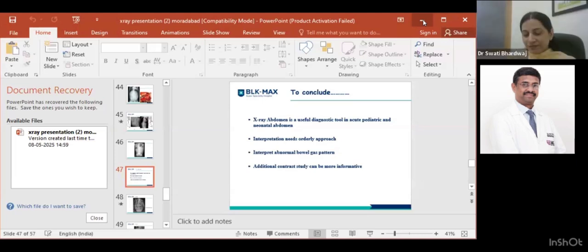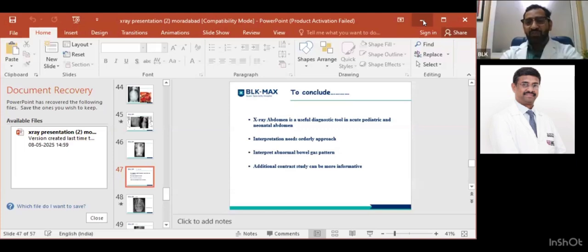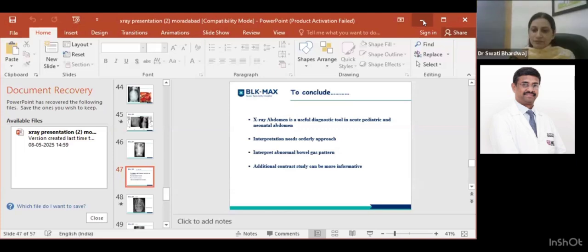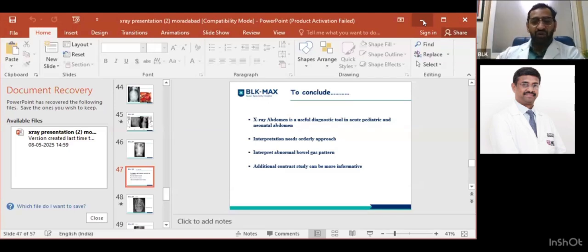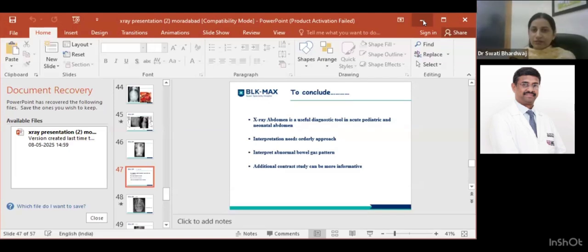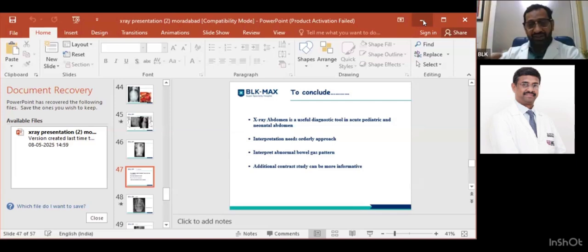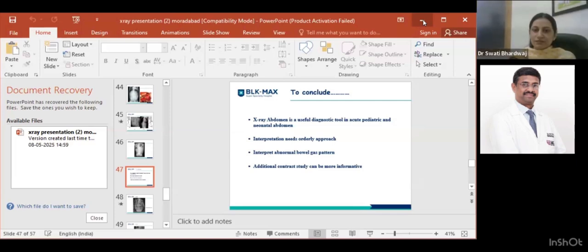True. Doing advanced imaging like CT or MRI is not very feasible because it means shifting the child to CT or MRI. MRI might take a very long time. Additionally, you will require some kind of anesthesia or sedation for these patients, which can add to the risk.